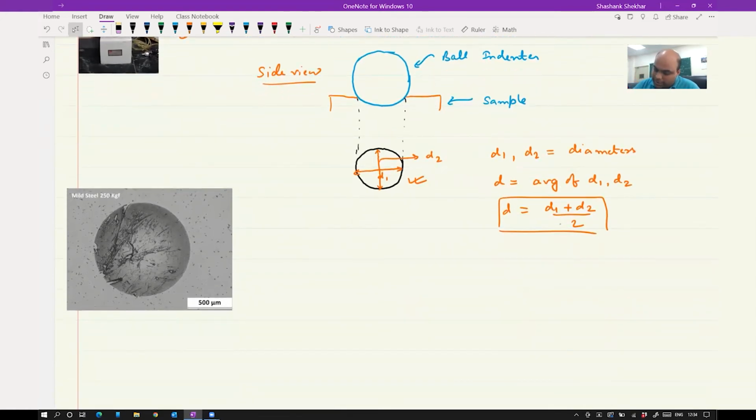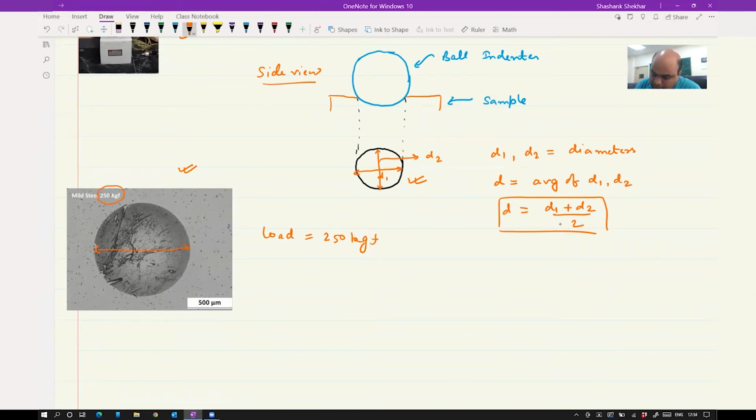Here I am showing you one example, for mild steel. The load is 250 kgf, sorry. As I just mentioned, you have to measure two dimensions.